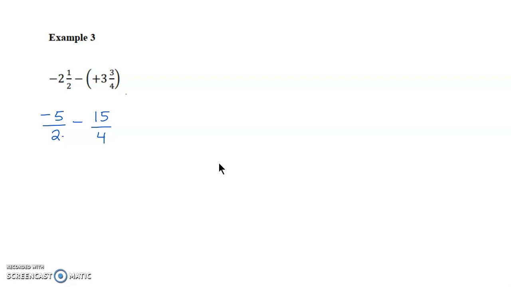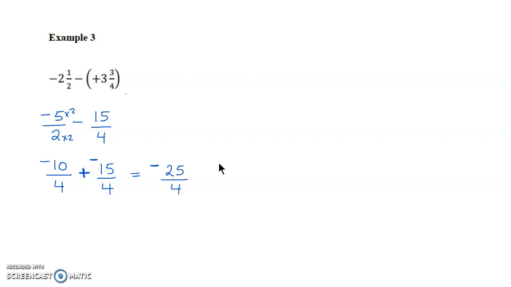I see here that I've got a 2 and a 4, so I need to only change my first fraction by multiplying it by 2. So I'm going to rewrite below. That gives me negative 10 fourths minus 15 fourths. We don't like subtraction when we have signed numbers, so we're going to change this to adding and change the positive 15 fourths to a negative 15 fourths. Now we have two fractions that are both negative, so our answer will be negative, and we add 10 plus 15, which is 25 fourths.